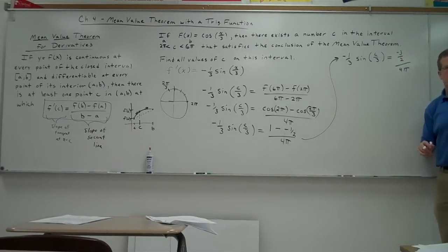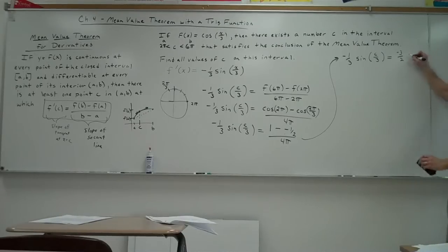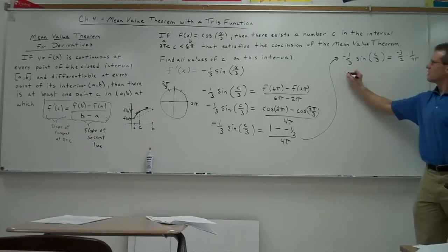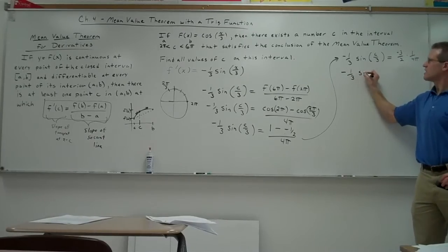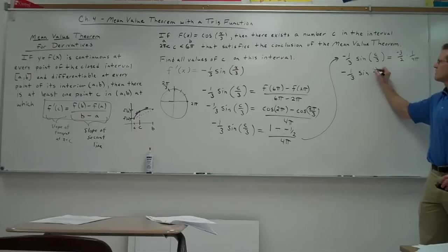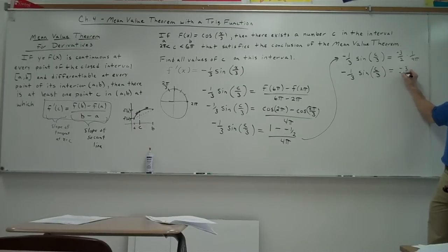But instead of dividing by 4 pi, you can multiply by what? Instead of dividing by a number, you multiply by its reciprocal. So let's multiply by 1 over 4 pi. So it's going to give you negative 1/3 sine c over 3 equals negative 3 over 8 pi.